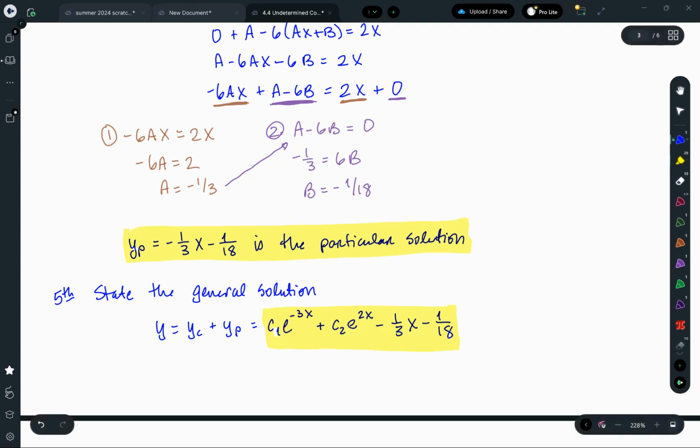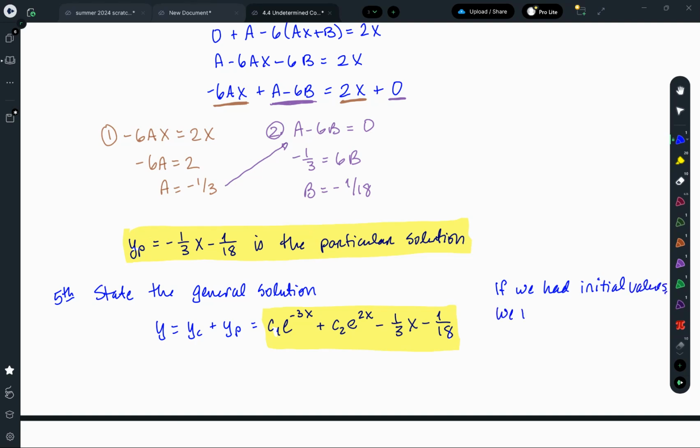If we had initial conditions or initial values, we would apply them to the general solution to find c1 and c2.